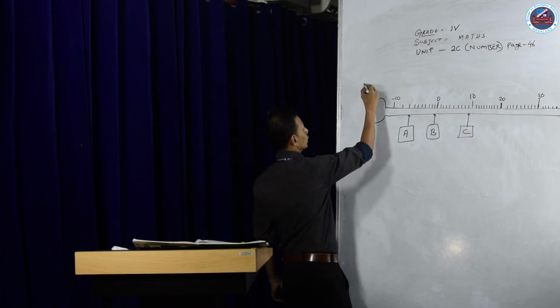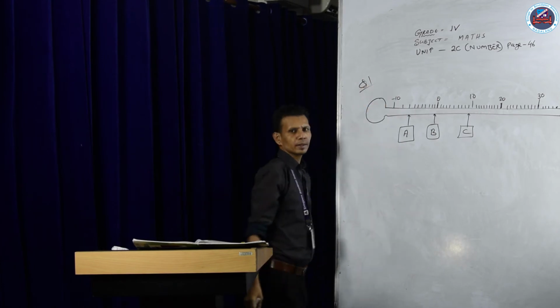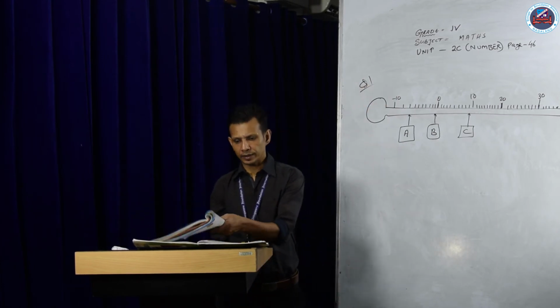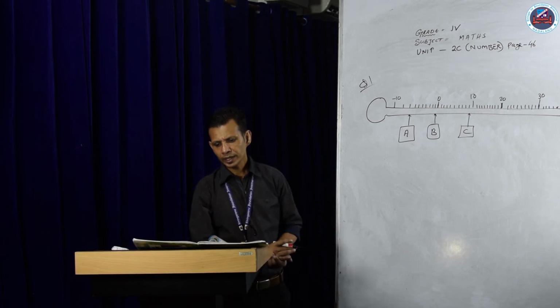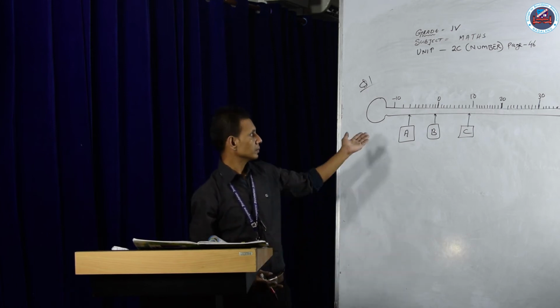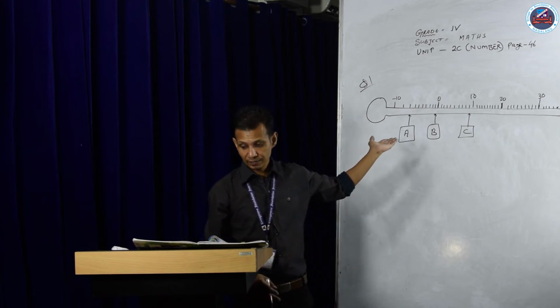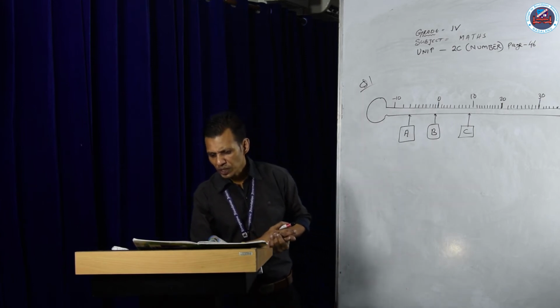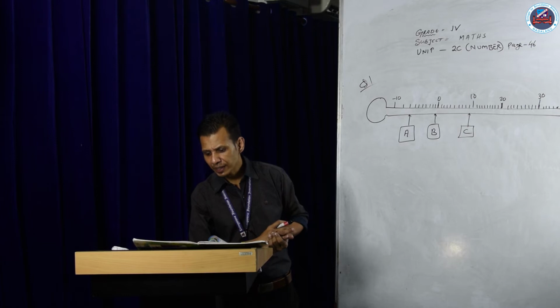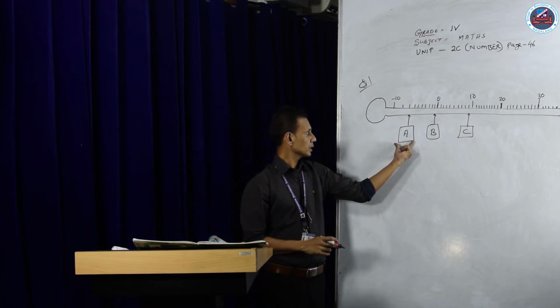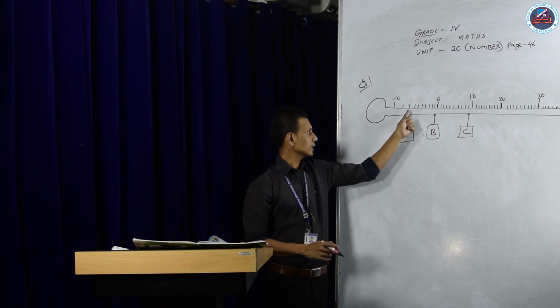Okay, children, this is question number 1 from page 49. It says, look at the thermometer. I drew a very beautiful thermometer. Which numbers are represented by the boxes? Find out the numbers.